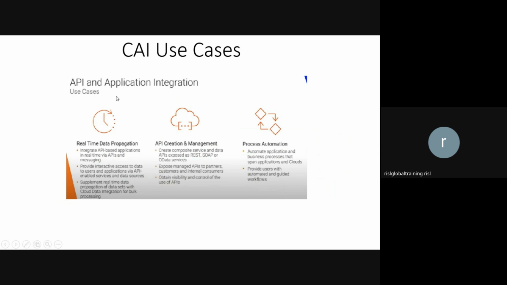Just to summarize, we can use this CAI to perform real-time data integration and data propagation. Second, we can also use it to perform API creation and API management so that others can make use of the APIs built by ourselves.